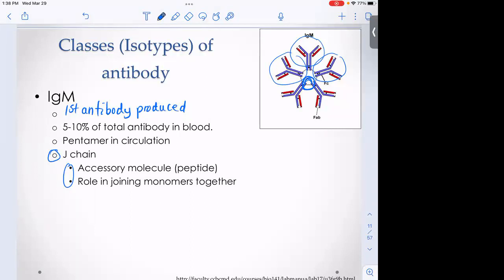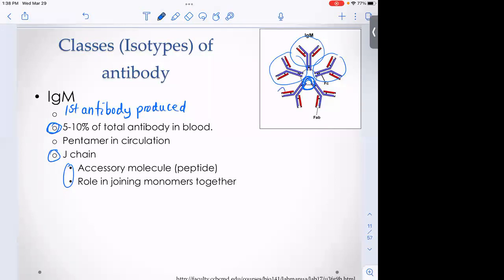Okay, when you look at the total antibody in circulation and the amounts of each isotype, it's not a lot of the total antibody in the blood because this kind of antibody doesn't last for very long. And then those plasma cells will change into the kind of antibody that's best suited to fight whatever that infection is.